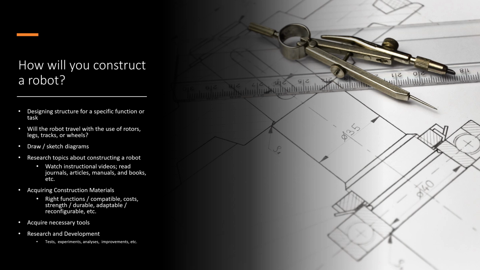Are your materials adaptable? I'll be using wooden planks that can be cut, and I can even remove them and add more parts as I need. So I'm testing out my designs so they're easily adaptable. I can reconfigure my designs easily.